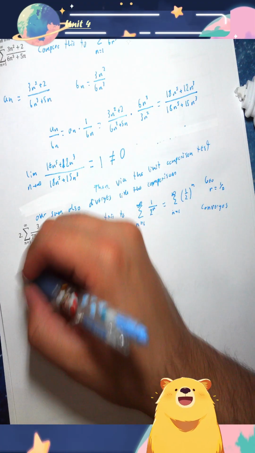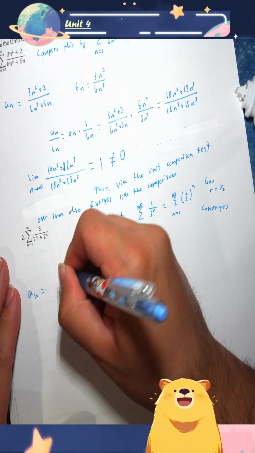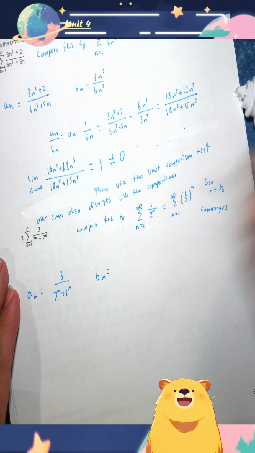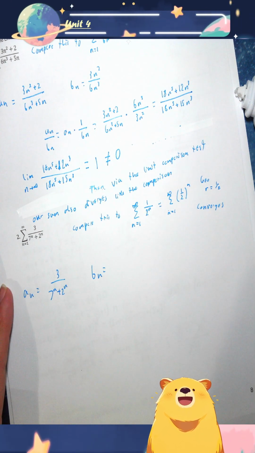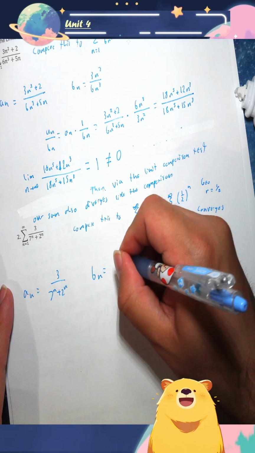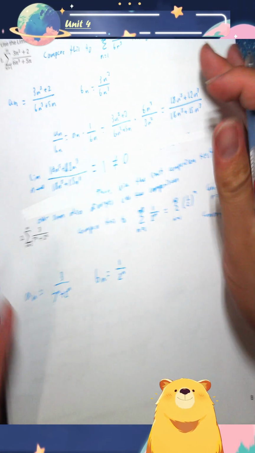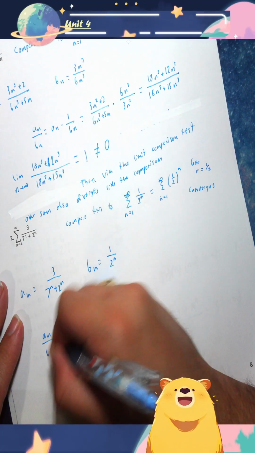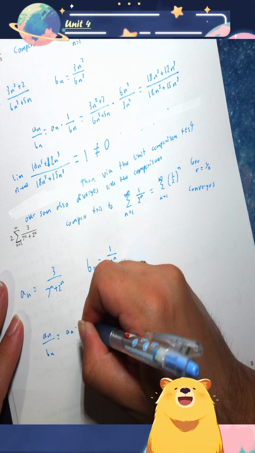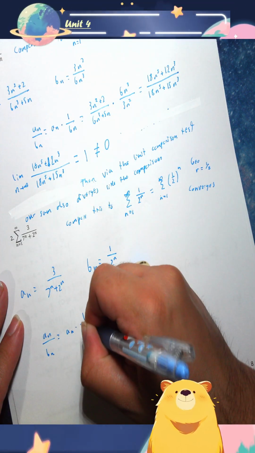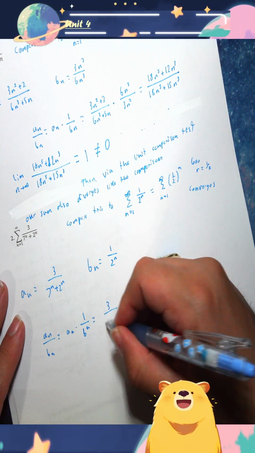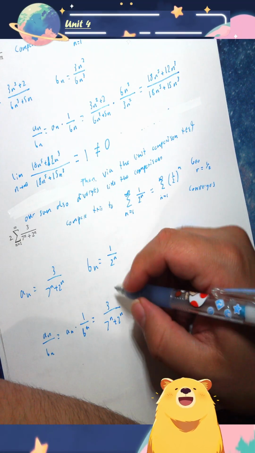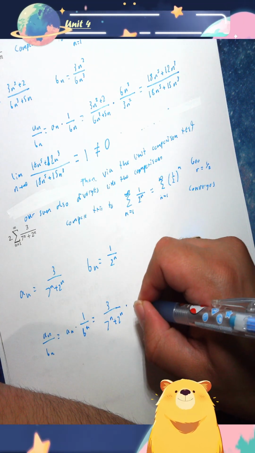But let's go ahead and construct that L. We're going to let a_n be 3 over 7^n plus 2^n. We're going to let b_n be 1 over 2^n. In that case, we write the quotient like here, but then I'm going to split it up just so it's a bit easier to do. So we have 3 over 7^n plus 2^n, times 2^n.